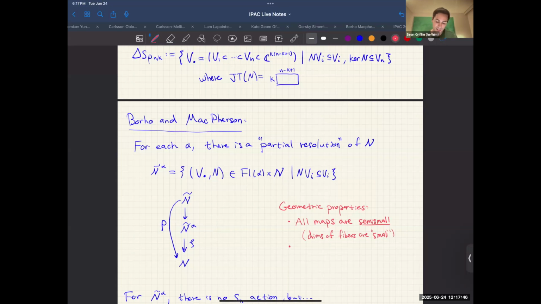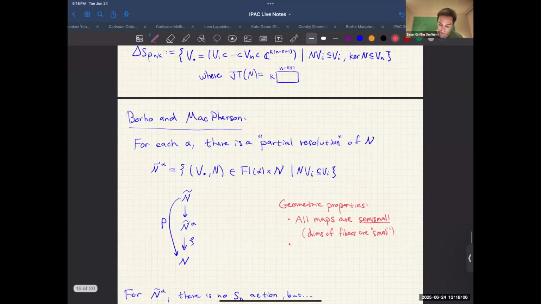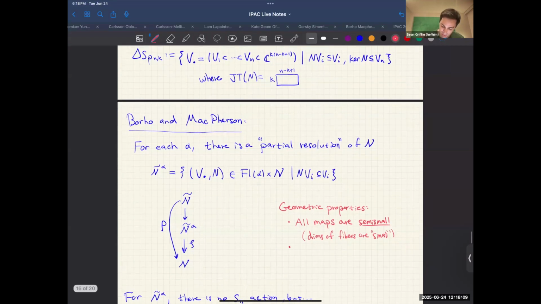Usually you phrase this in terms of some stratification of the target of the map. The larger the stratum, the smaller the fibers need to be. So it's a condition on which fiber in which stratum you're taking, but it controls very well the geometry of the fibers.